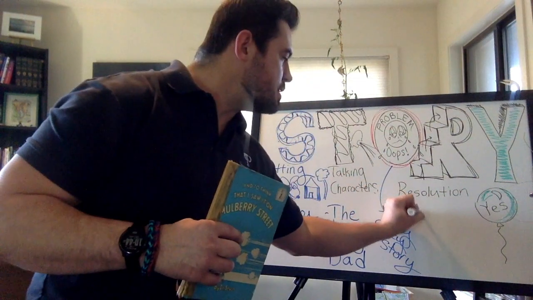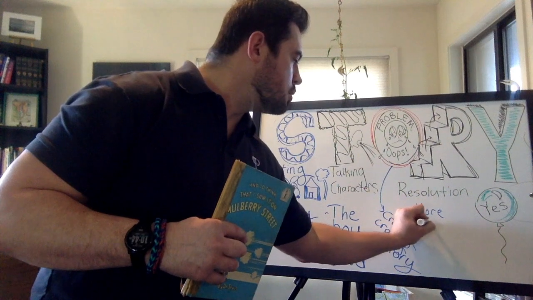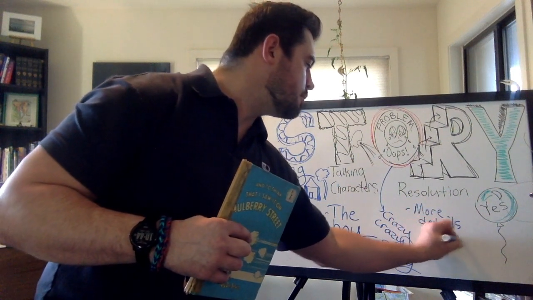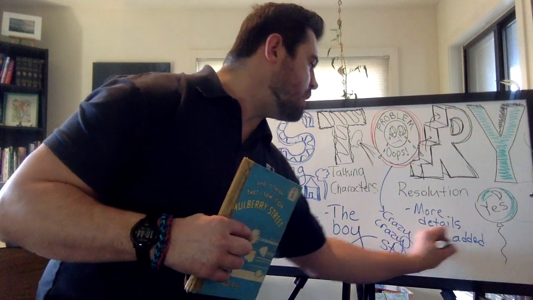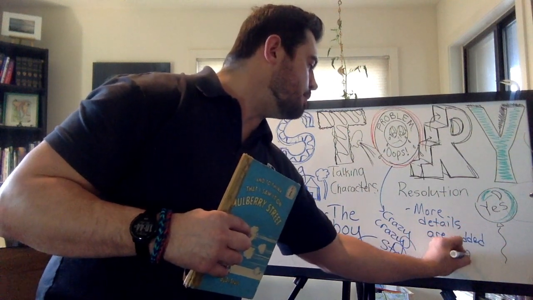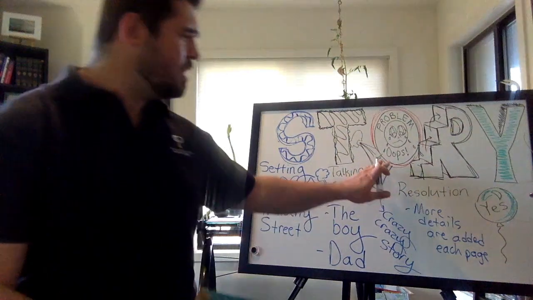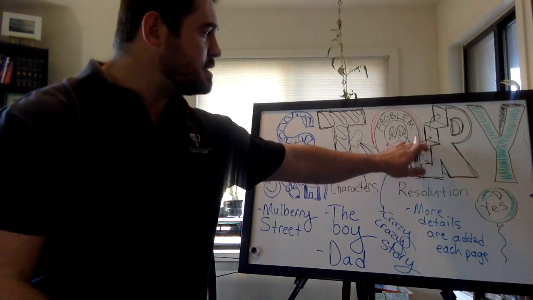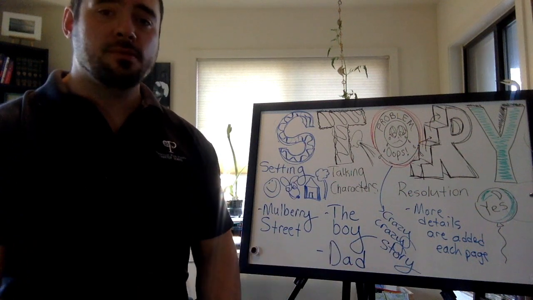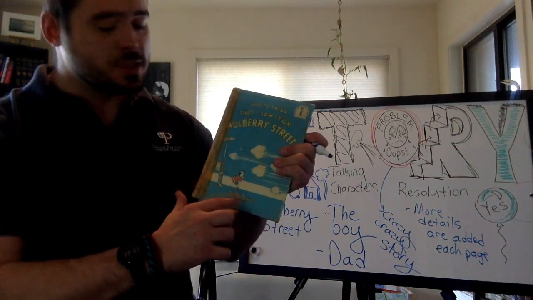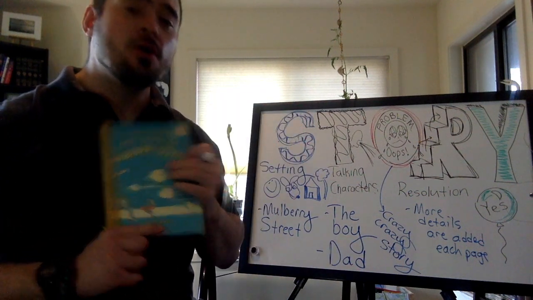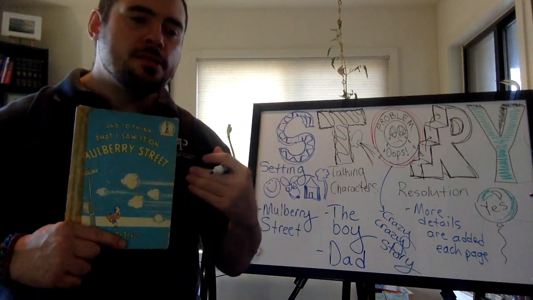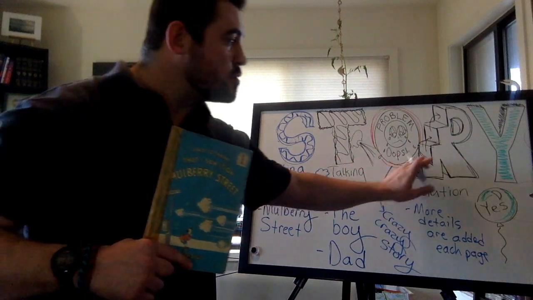So I'd say more details are added each page. Also, if you came up with your own or a different problem or your own and different steps to solve the problem, that's absolutely fine. That's what Dr. Seuss is trying to do, entertain us. He's trying to make it so that we really enjoy the story and we come up with different elements of the story on our own.